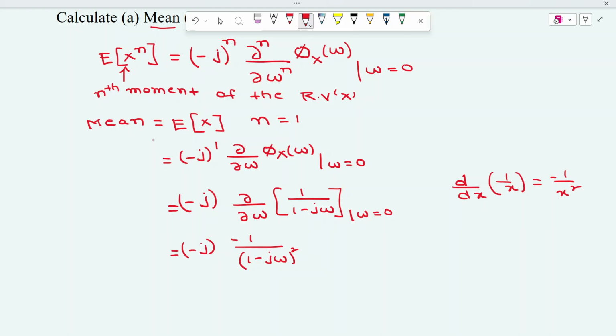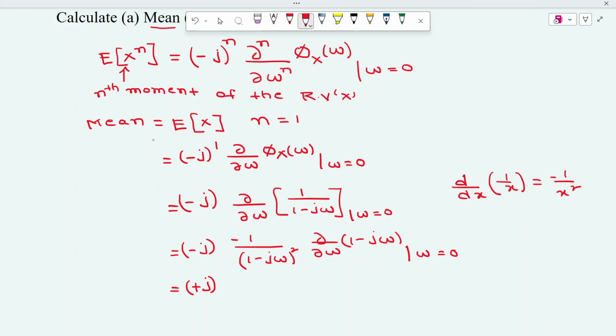But friends, it is not simply x, so we have to differentiate the inner term again with respect to omega. If we differentiate 1, that will be 0. Differentiation of minus j omega with respect to omega will be simply minus j. So this minus and this minus we can write as plus j.